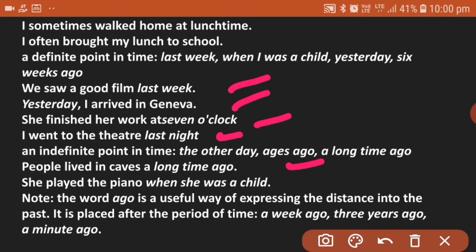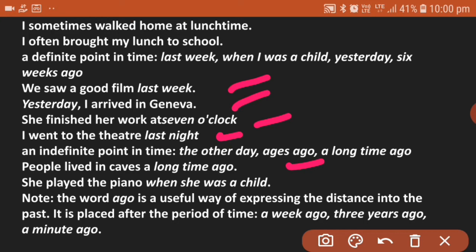That's why we can say she played the piano when she was a child. It means she played the piano when she was a child, not at this time.